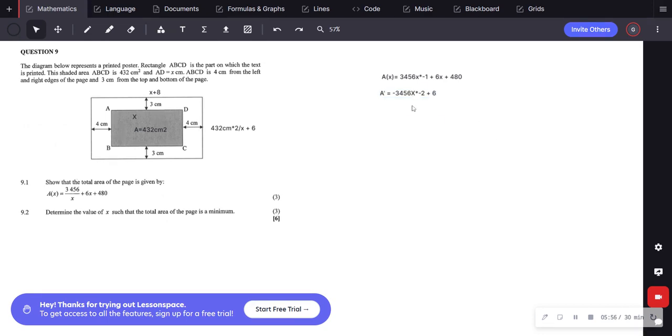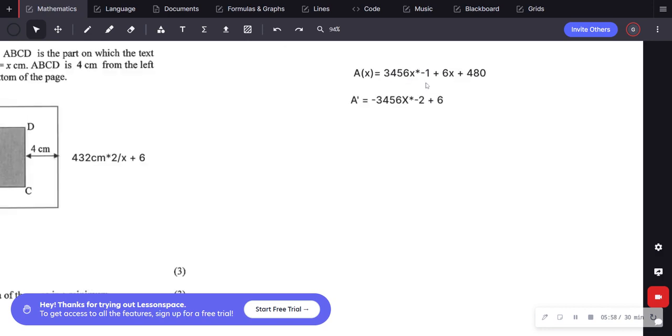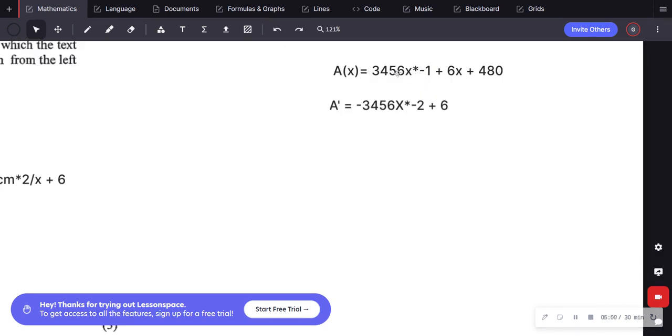Okay? Because we multiply the coefficient by the exponent and then we subtract 1 from the exponent. So that would be negative 1 times 3,456, which would give us that. And then negative 1 minus 1, we get minus 2.